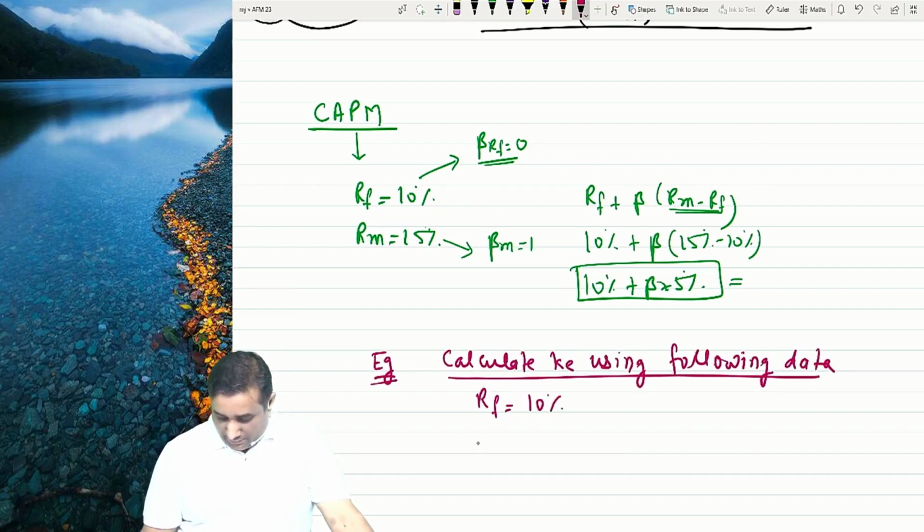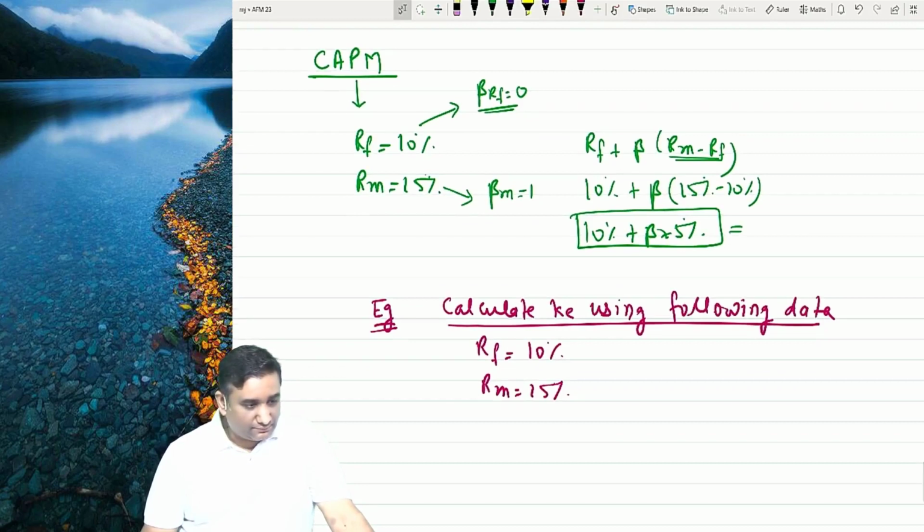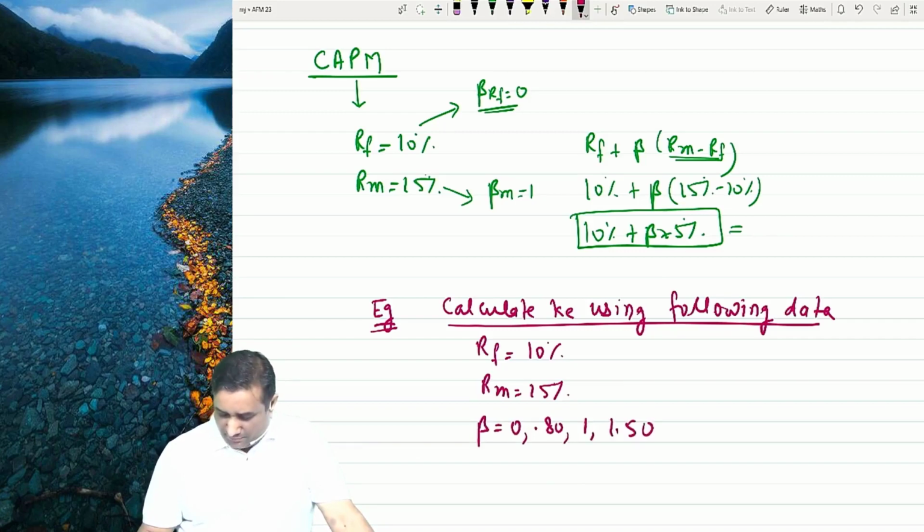RF is equal to 10, RM is equal to 15, betas I put 0, 0.8, 1 and 1.5.